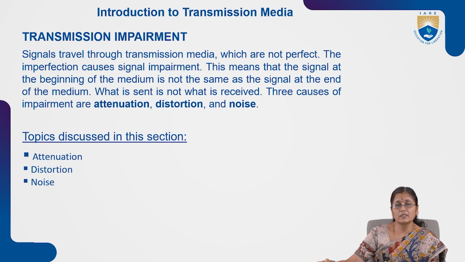Because of that, whatever signal we are sending may not be the same as it travels to distant places, so there may be interference. So the signal at the beginning of the medium is not the same as the signal at the end of the medium.